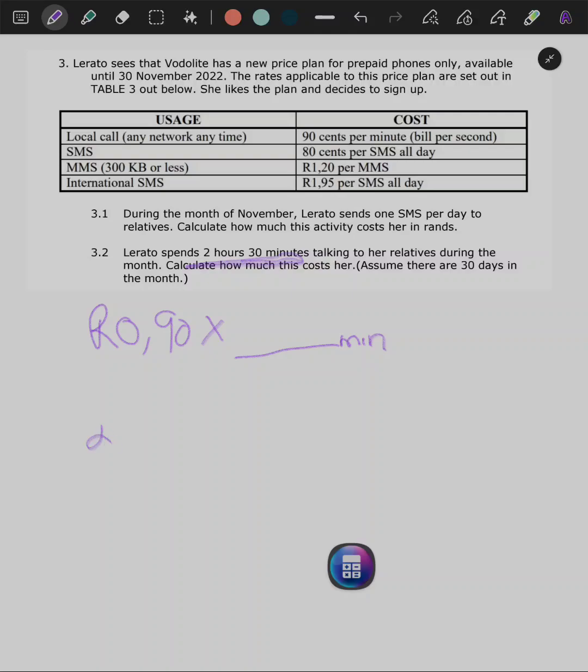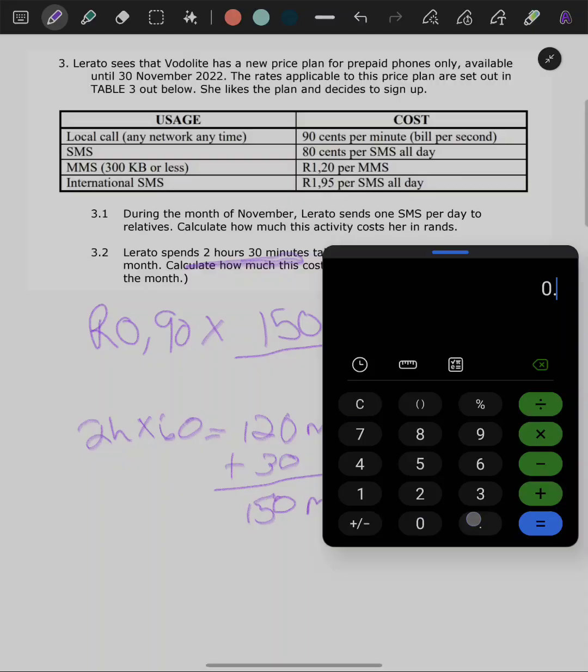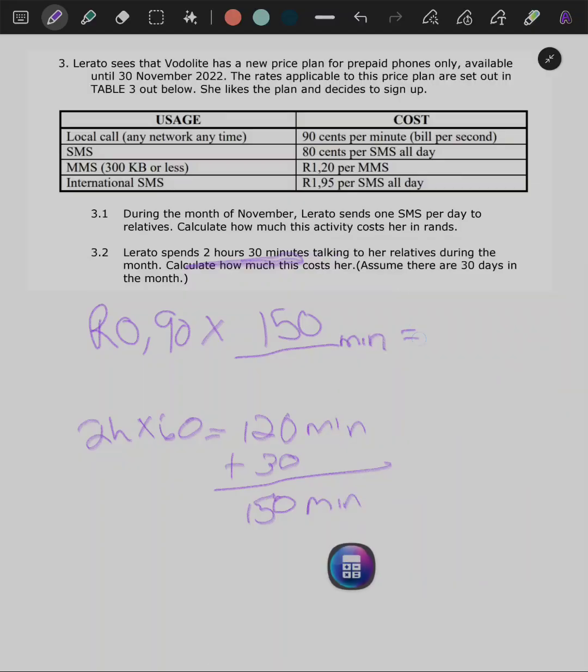So I need to say, well, 2 hours times 60 is 120 minutes, plus the 30 minutes I already had, gives me 150 minutes. So that's the total call time she's doing: 150 minutes. So 90 cents times 150 minutes is 135 Rand.